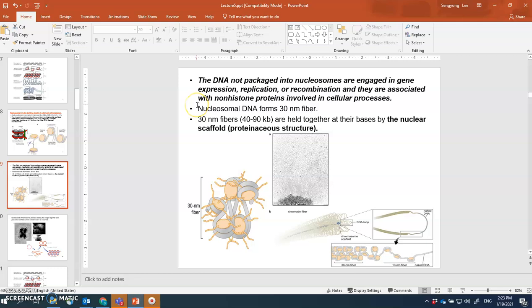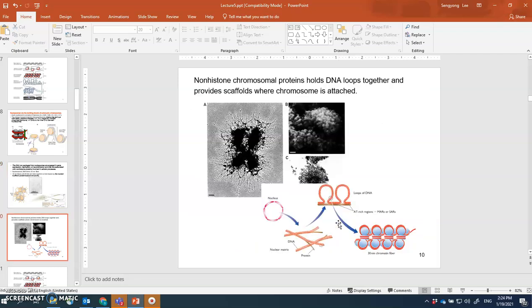And nucleosomal DNA forms a 30 nanometer fiber. So we're talking about that 30 nanometer fiber, which looks like those kinds of structures. And 30 nanometer fibers are held together at the base by the nuclear scaffold proteins. Those are proteinous structures, as shown on the next figure.